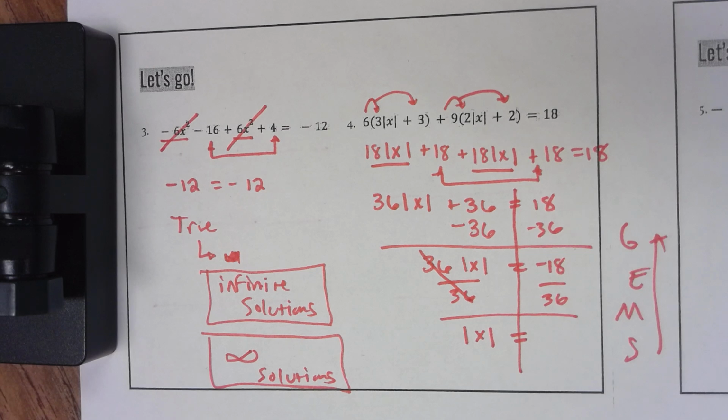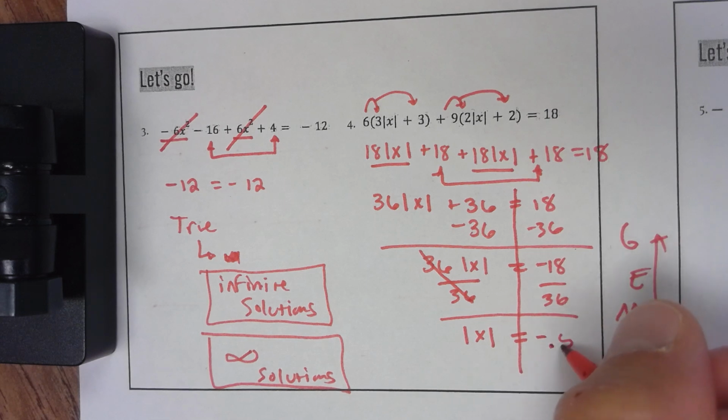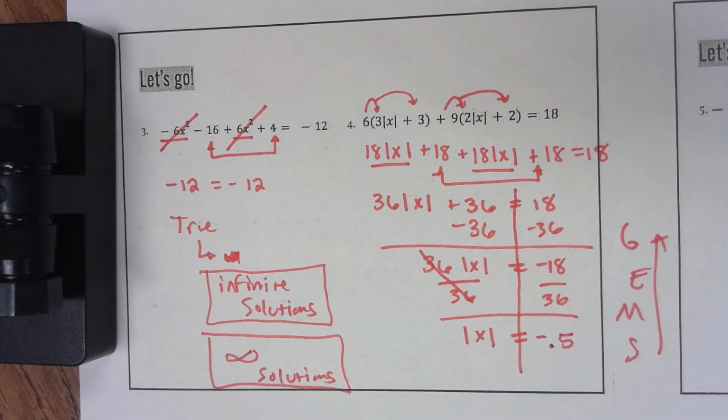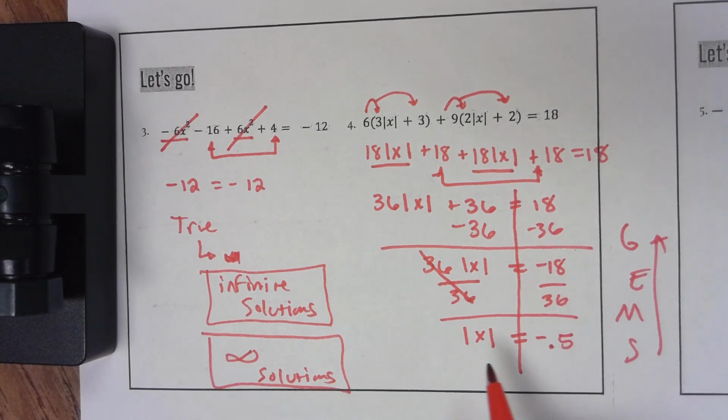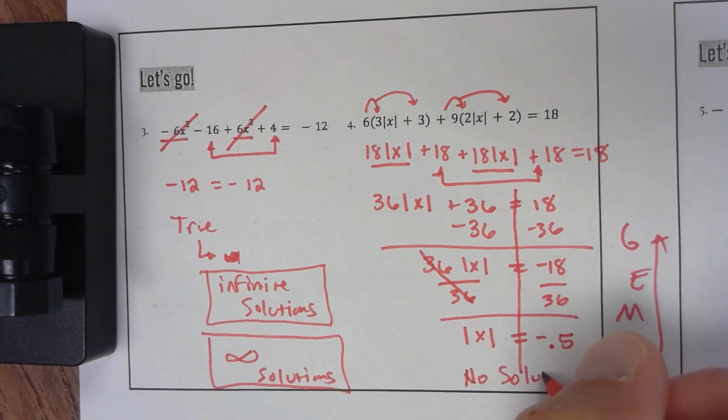If you try in your calculator, you can get it as a decimal, where it should say negative 0.5. And one thing we've talked about with absolute values is that it cannot equal a negative. So we're getting to no solution, but in a very different way here. The variable didn't eliminate, but now we're just left off with knowing that absolute values cannot equal a negative. And so this is actually another no solution.